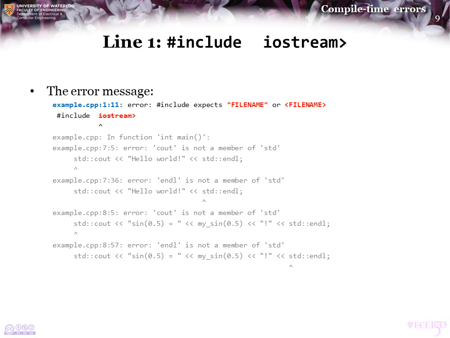Now, if we forget to include the opening angled bracket in the include directive, then the error message is actually very clear. It says the include directive expects either a file name in double quotes or a file name in angled brackets.